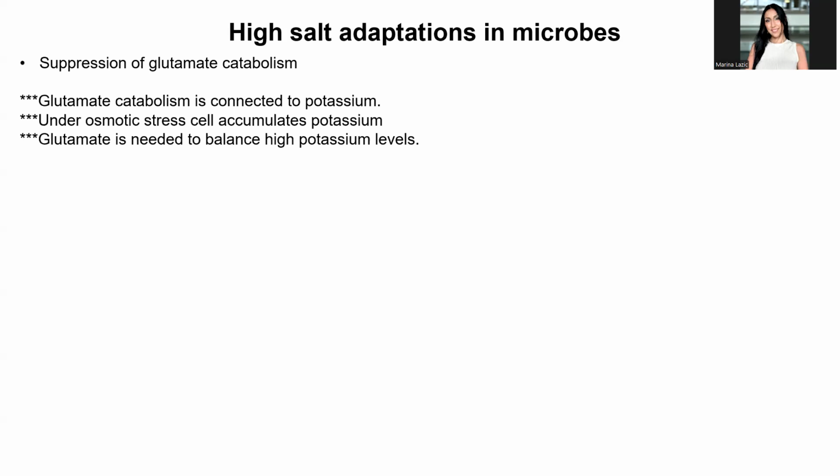Glutamate catabolism is connected tightly to potassium. So this is where confusion can happen. When there is osmotic stress, like high salt, the cell will accumulate potassium just because that's a part of the salt stress. So glutamate is needed to balance the high potassium level, right? Again, this potassium comes from the stress. So it's salt overloaded, and potassium salts can be a part of that.